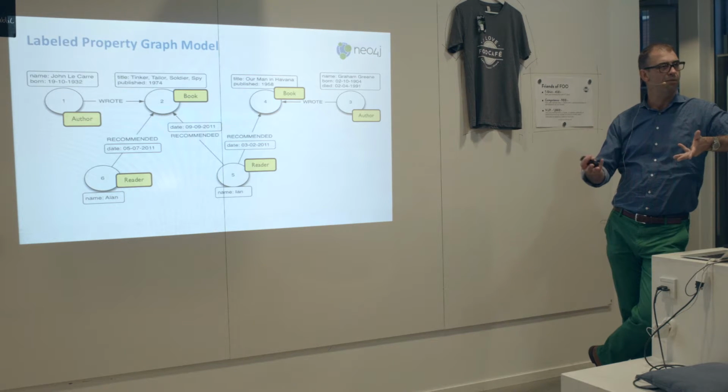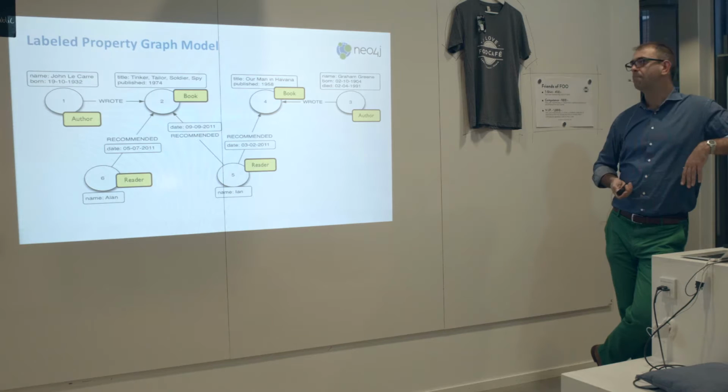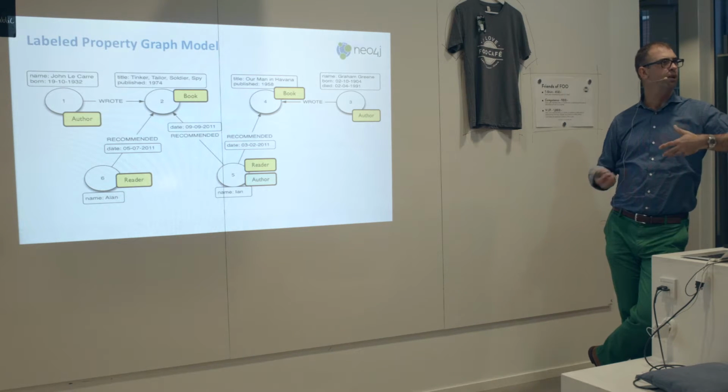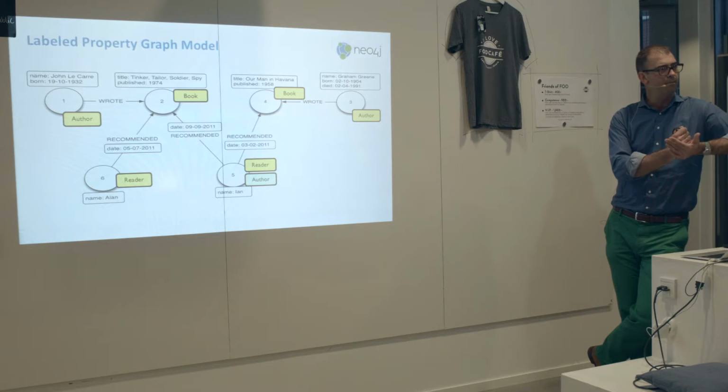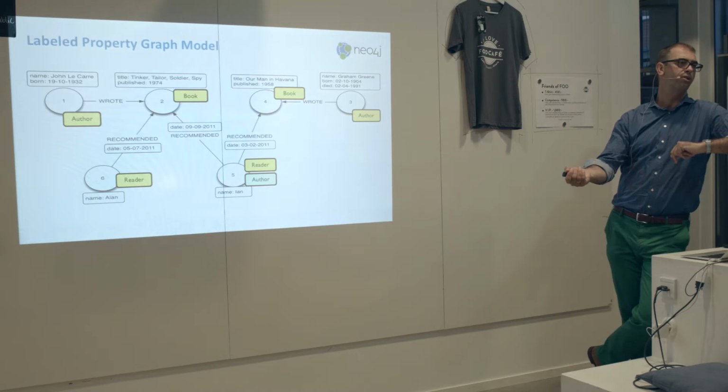You're giving away information about how the data is structured so that the database can behave more intelligently. So those are the labels. Labels you should really compare to Gmail labels or Evernote tags or something like that. It's a rubber stamp where you say, this thing is a book, this thing is a reader, this thing is an author, and guess what?